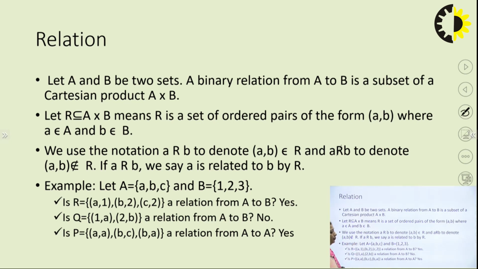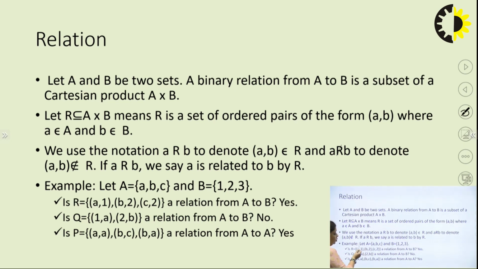Let's take an example. Suppose I have a set A which contains three elements a, b and c. I have another set B which contains the elements 1, 2 and 3. Now, if our relation is defined as (a, 1), (b, 2) and (c, 2), will this be a relation from A to B? Yes, this will be a relation. Why?